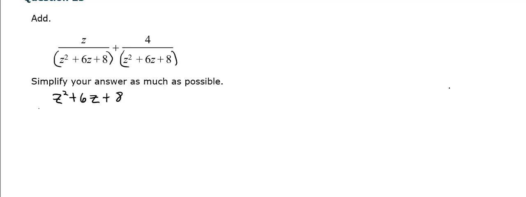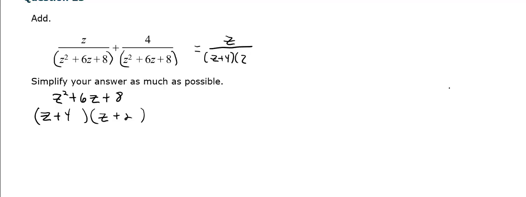So I'm going to factor. And again, we can use the shortcut because our leading coefficient is 1. So that'd be z times z. And then we're looking for the factors of positive 8 that add to a 6, which would be 4 and 2. So we're adding z over z plus 4, z plus 2, plus 4 over z plus 4, and z plus 2.